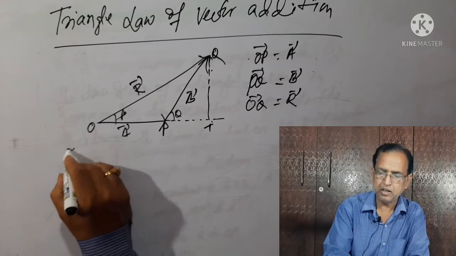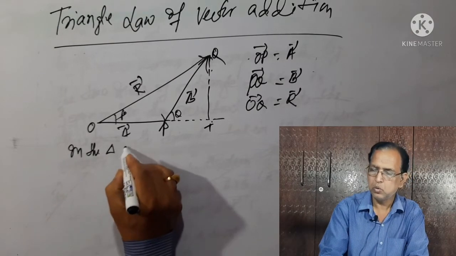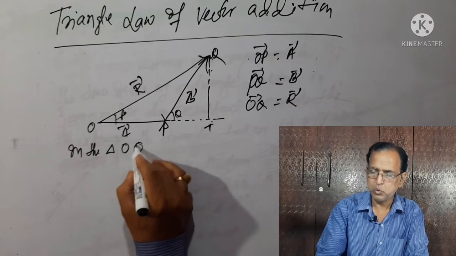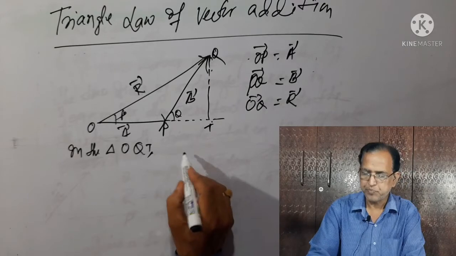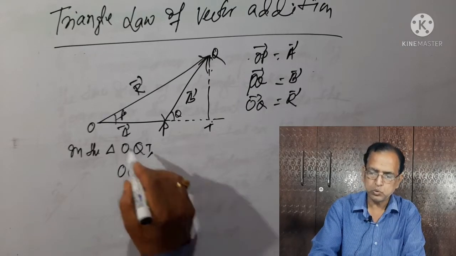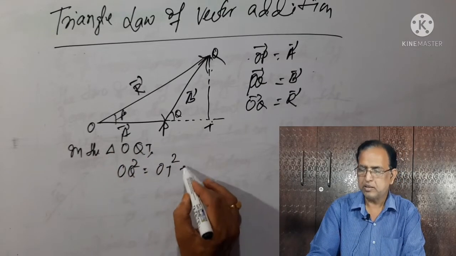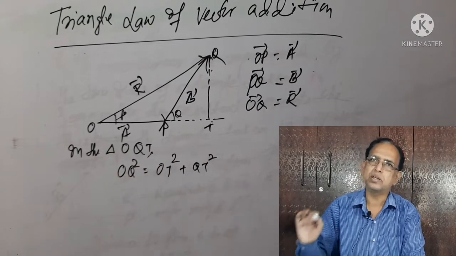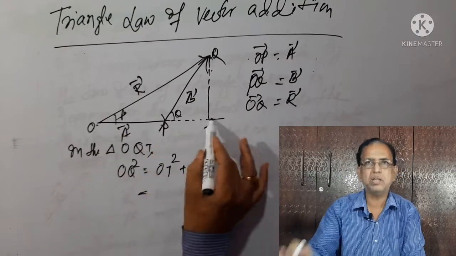In the triangle OQT, OQ square is equal to OT square plus QT square. OT means OP plus PT.